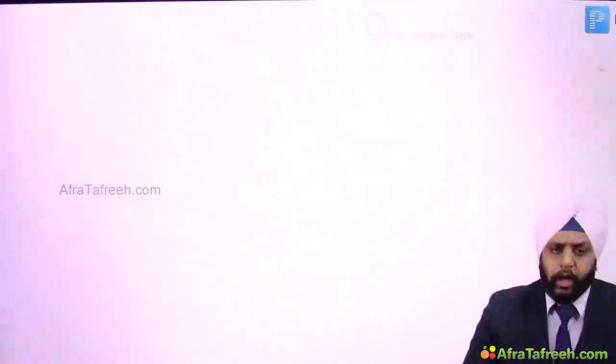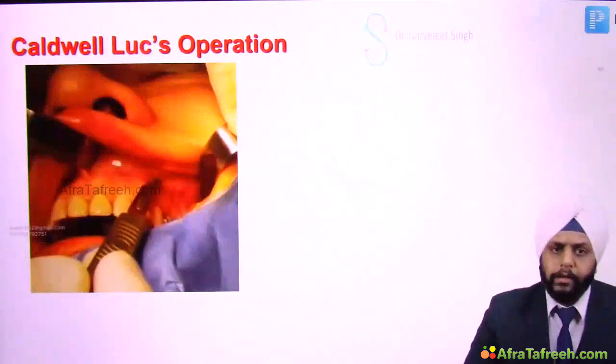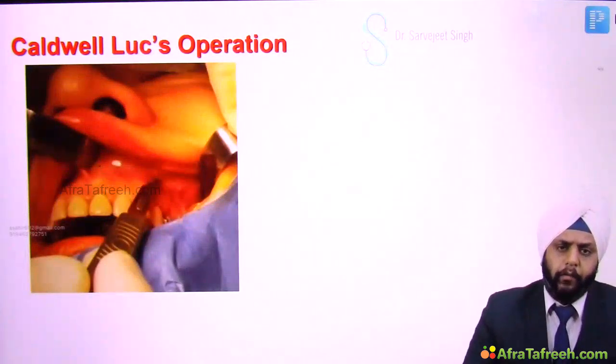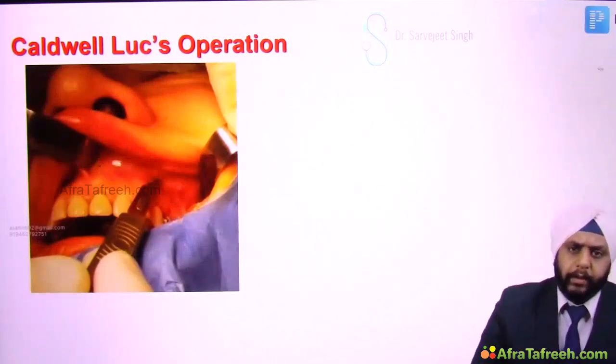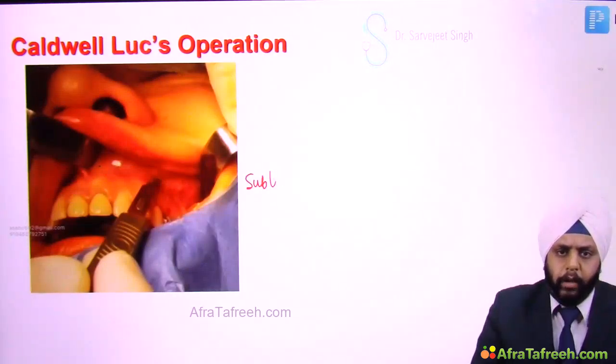Now, after understanding the FES treatment, let us go and look at Caldwell-Luc operation. So Caldwell-Luc operation we have already discussed. So what do we do in Caldwell-Luc operation? You can see over here, we are giving a sublabial incision. Okay, and what do we do after giving a sublabial incision?